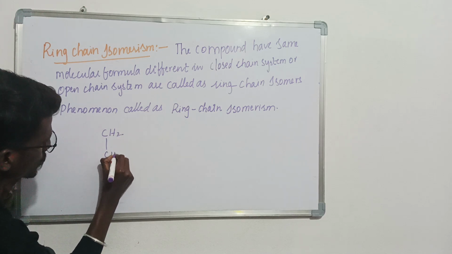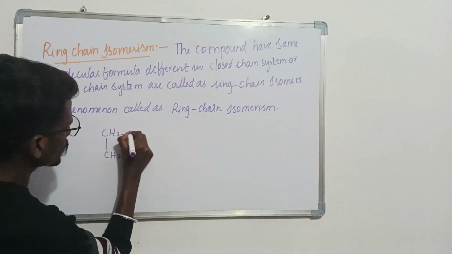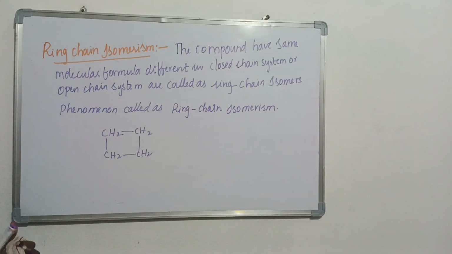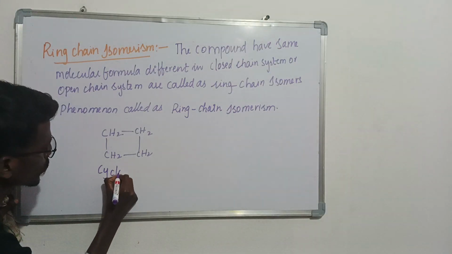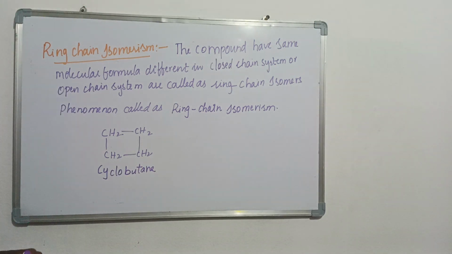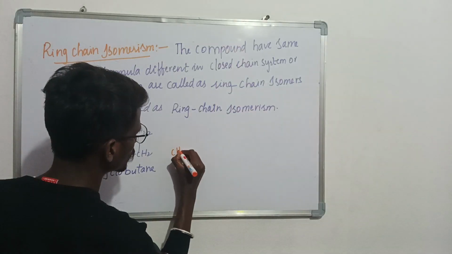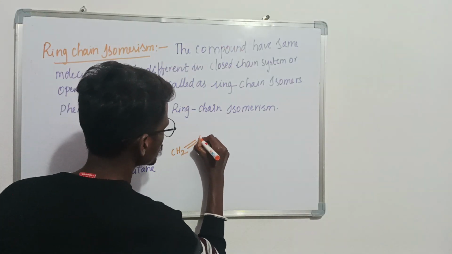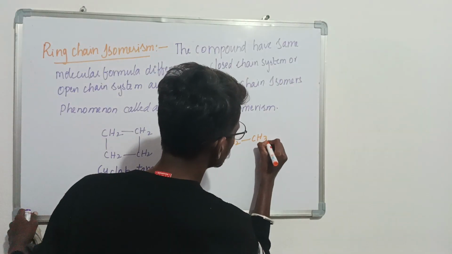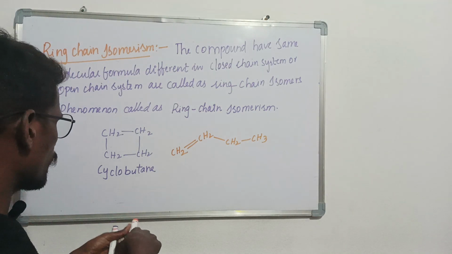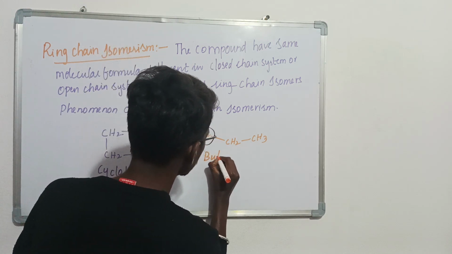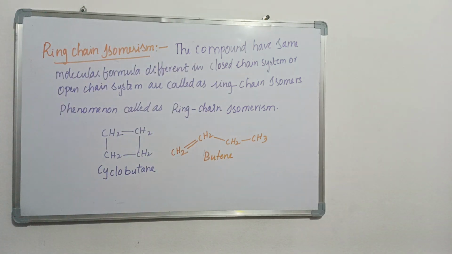CH2, this ring system will be present. The name of this one is cyclobutane. Then we'll see CH2 double bond CH2, CH3. The name of this one is butene.